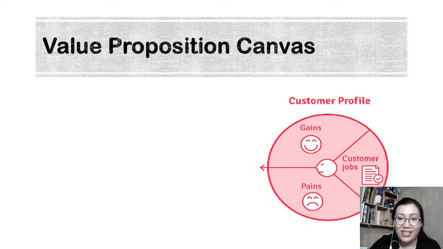It is the set of customer characteristics that you assume, observe, and verify. The customer profile is cut into three pieces where you have to define the tasks and expectations the customers are going to fulfill, as well as the positive and negative experiences associated therewith.